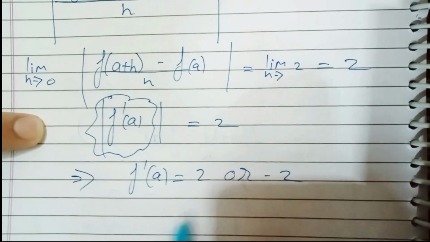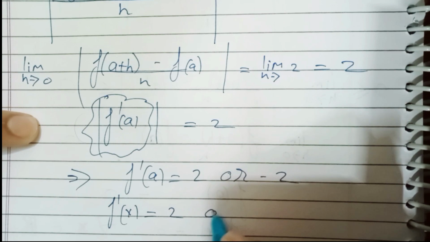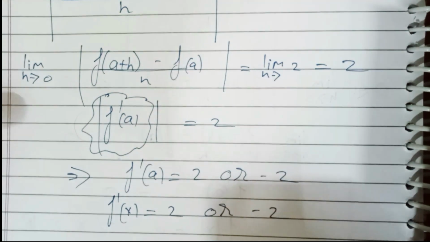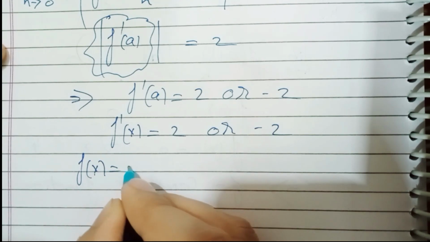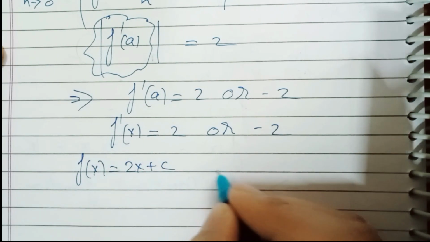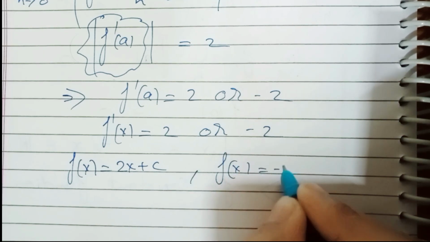So f dash x is either 2 or -2. This is what most students would have done, and then they would have concluded that fx is 2x plus c, and the other solution is fx equals -2x plus c. But that is wrong.